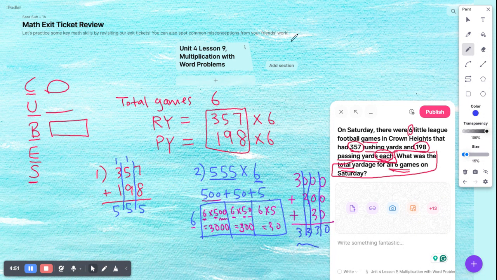So for step 3, I have to write my final answer. I can even write a sentence.